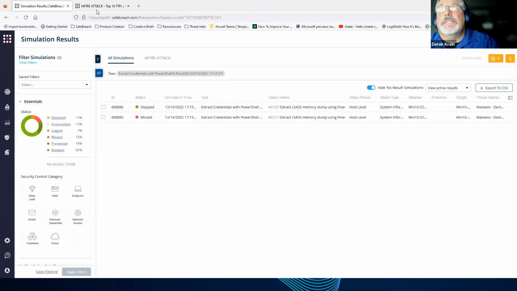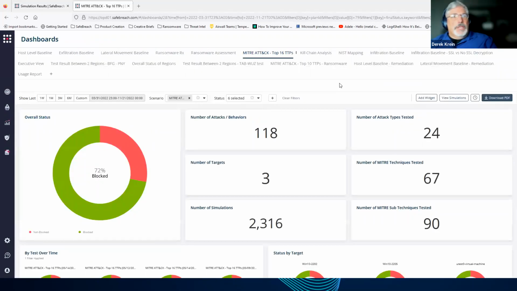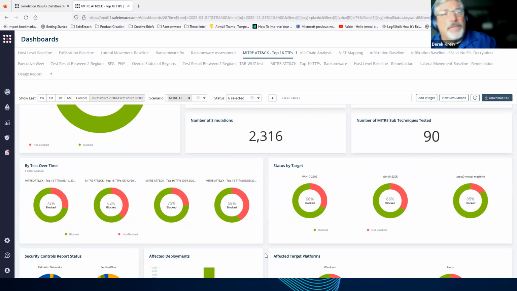From the top 16 perspective, you can build out an entire testing scenario and go through and understand where you sit overall, the number of attacks and behaviors that were run, and really start to break down where you've been. Utilizing a BAS platform really helps you take a good view of where you sit from a MITRE ATT&CK perspective.